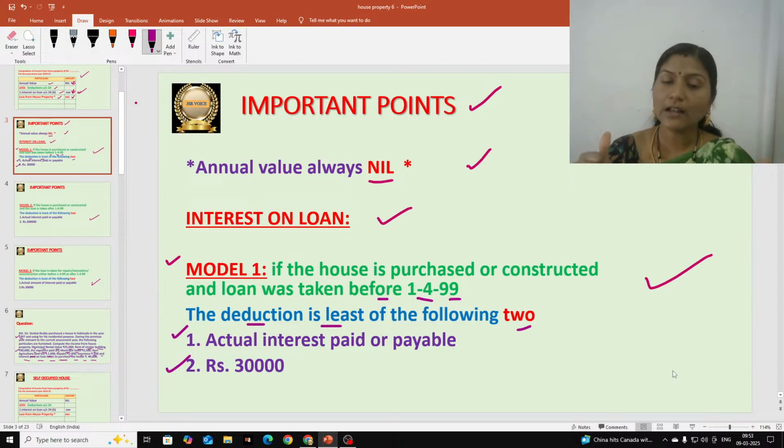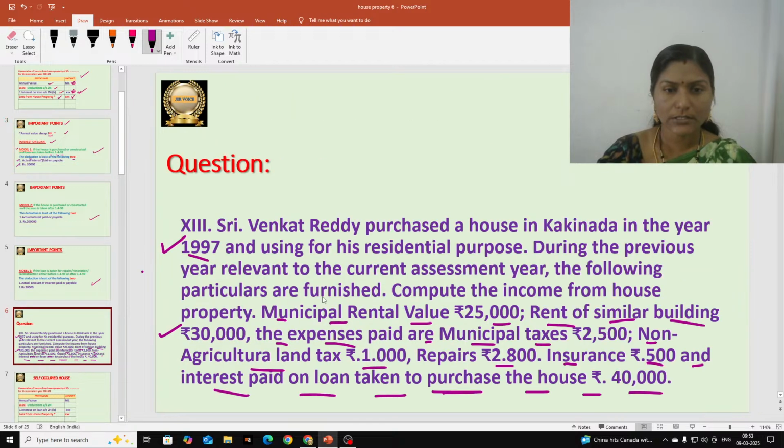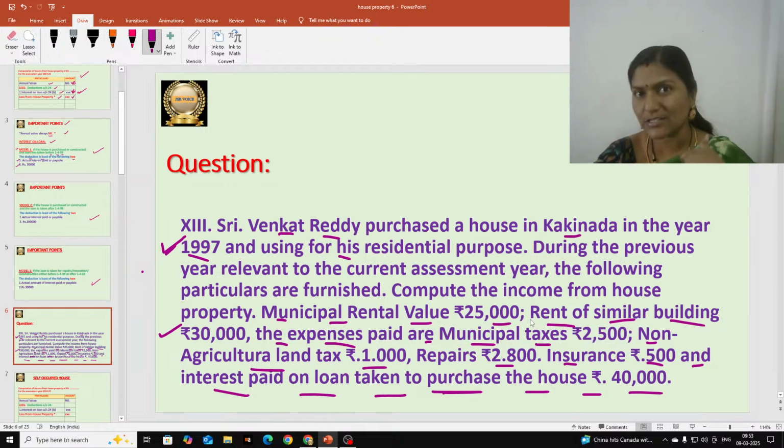Hope this is clear. I already discussed the question, so now we will do the solution. This is the question we discussed. Sri Venkat Reddy is an assessee, and he purchased a house in Kakinada, that is in India only, during 1997, so before 1-4-99. He is using it for his residential purpose, meaning he himself is staying, that is why it is a self-occupied house.